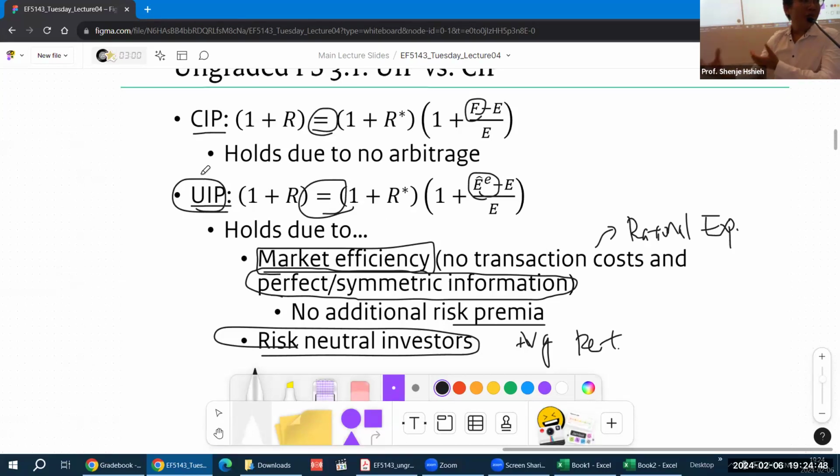So while the mechanism, right, that you need traders to come in to restore this parity, the incentives are different. CIP's incentives involves simply free money, right? That's a very simple assumption, and it's the most robust, and you can verify this empirically. UIP, on the other hand, you have to have two fundamental assumptions in order to get this incentives to bite, right?